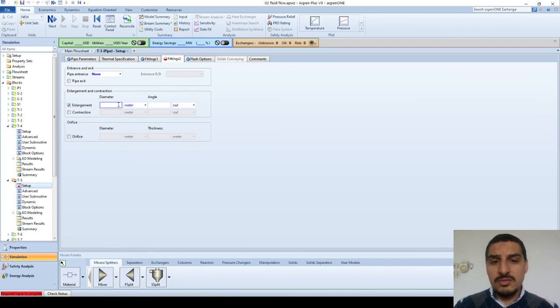If it's at the beginning, it's going to be an expansion, so the inlet pipe should be smaller, or the outlet pipe should be larger, so you have to define this. In the contraction, it's the other way around.